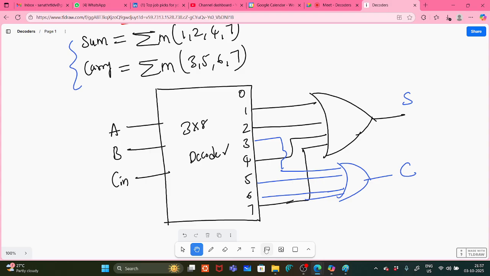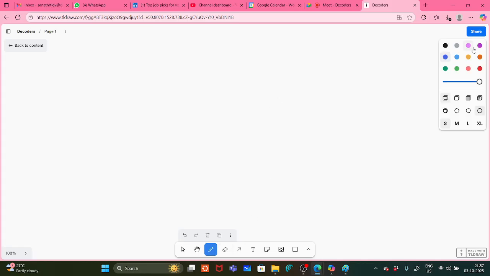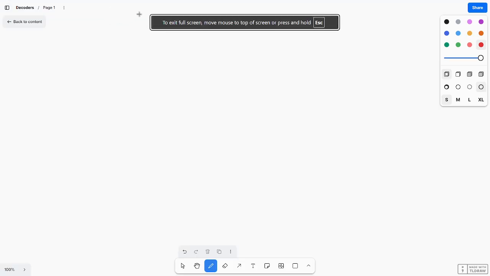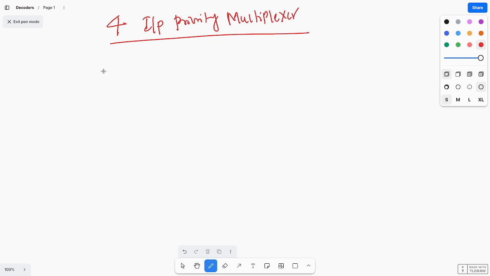I want to design a 4 input priority multiplexer. Once again, see here, 4 input priority multiplexer. Whatever the highest priority signal is, it gets the least logic path.